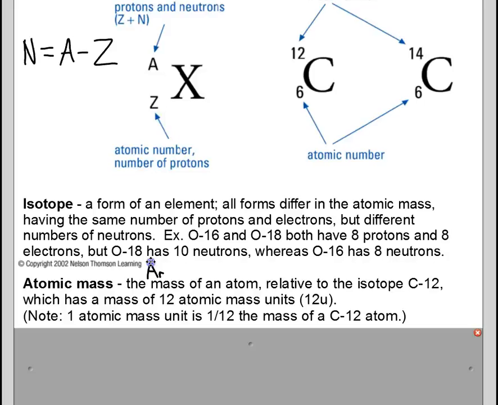So if they're each assigned a relative mass of 1, then we total up all the heavy particles and we'd have 12 mass units. The electrons are so light that they don't contribute very much. So again, on this scale, one atomic mass unit is just 1/12 of a carbon 12 atom. Okay, so the carbon 12 atom has 12 u mass value, and 1 u is just a 12th fraction of that.